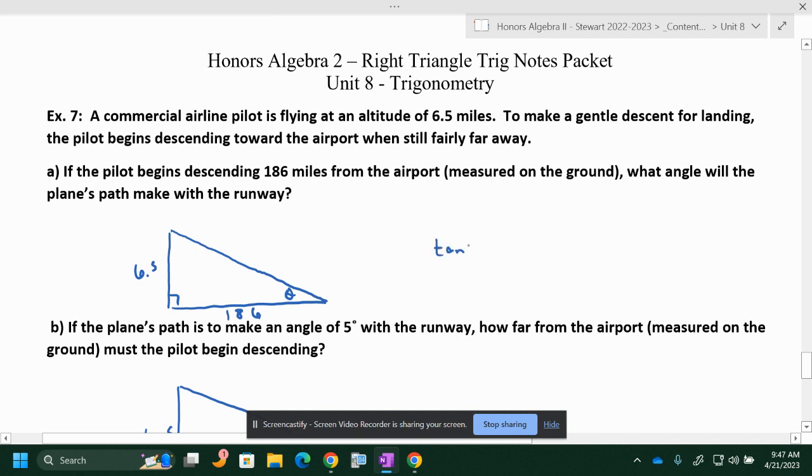We're going to have the tangent of theta is equal to 6.5 over 186. So theta is equal to inverse tan of 6.5 over 186. So theta is going to be approximately 2.00 degrees.